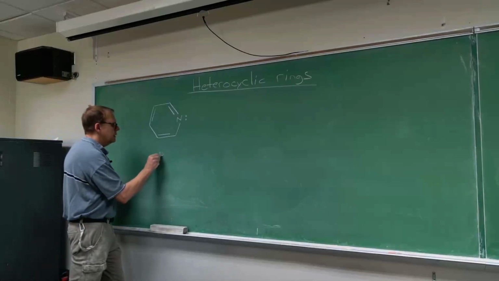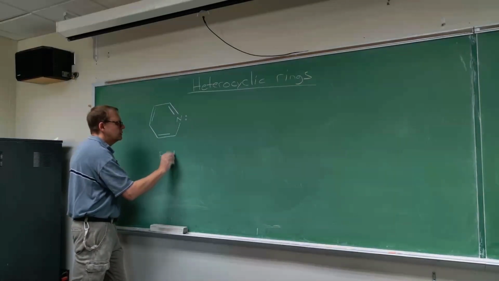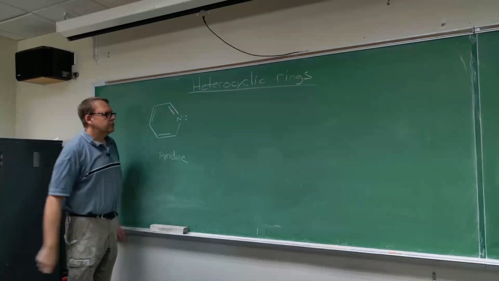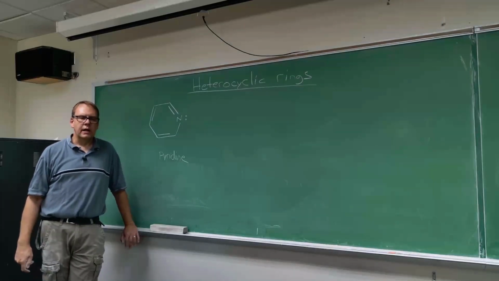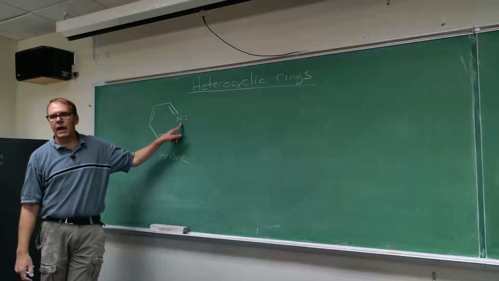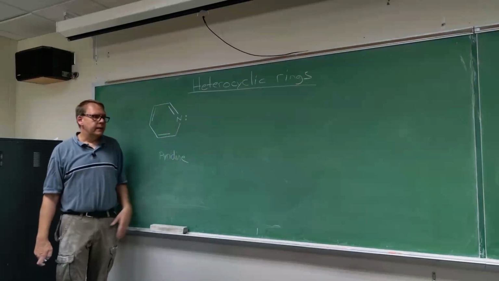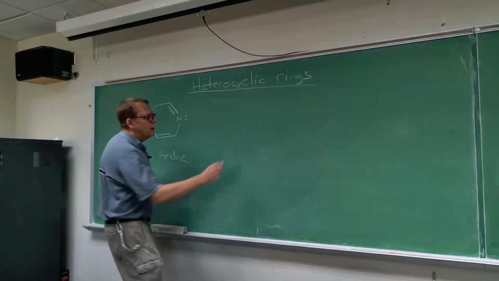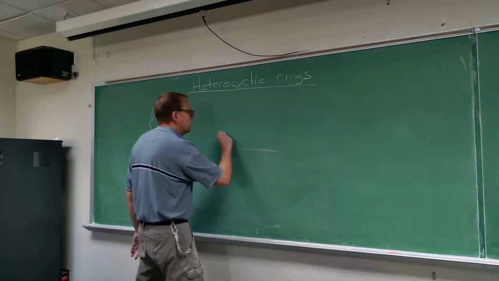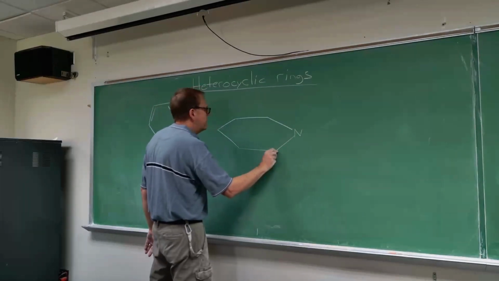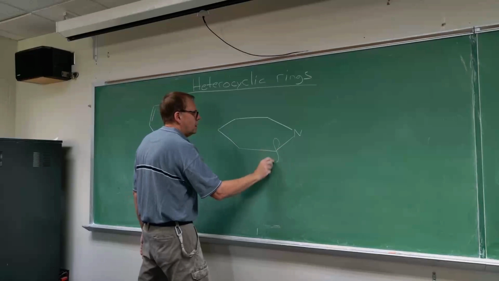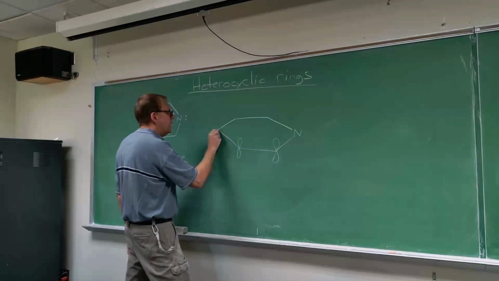This one's called pyridine. To really get a handle on this, you need to know something about the bonding in it. You've got to be able to account for all the electrons that the nitrogen has around it. And you could draw a molecular orbital bonding picture for this molecule that looks like this. I'm going to draw it on its side with an edge-on view and draw p orbitals on every one of the atoms.